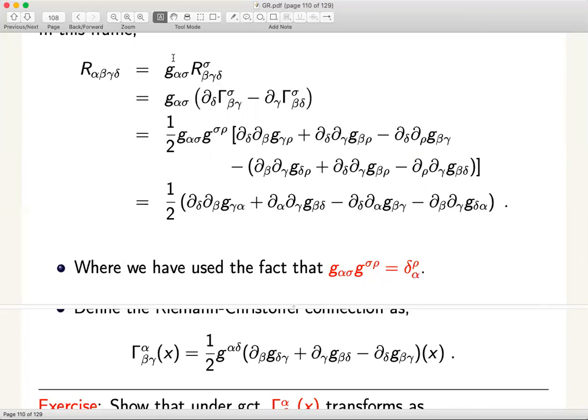Bringing the contravariant index down to a covariant index does not touch the fact that the object is antisymmetric in gamma and delta. This fact continues to hold for the covariant Riemann tensor, by which I mean the Riemann tensor with covariant indices.